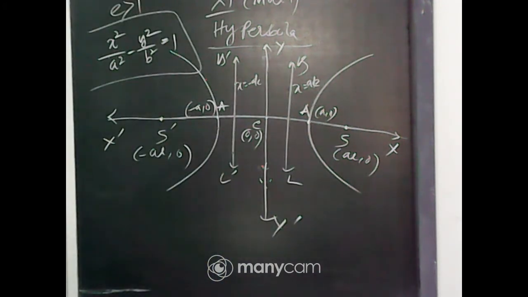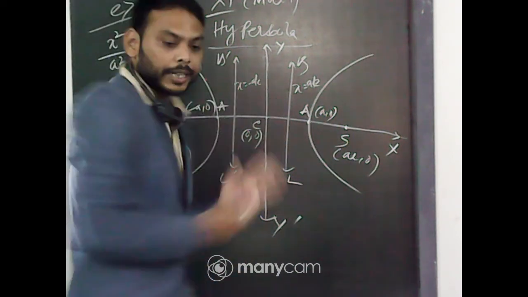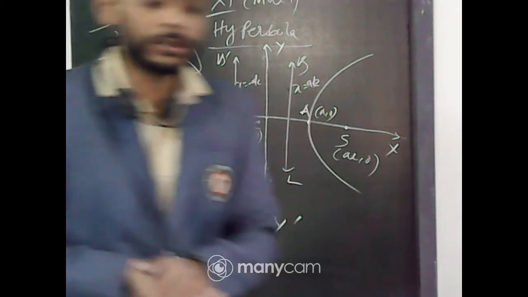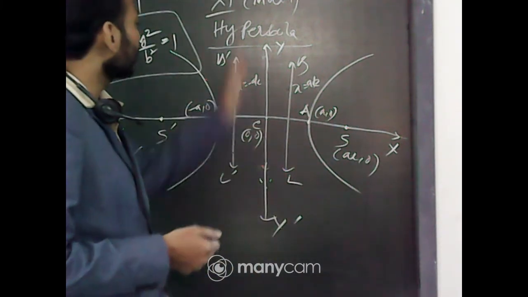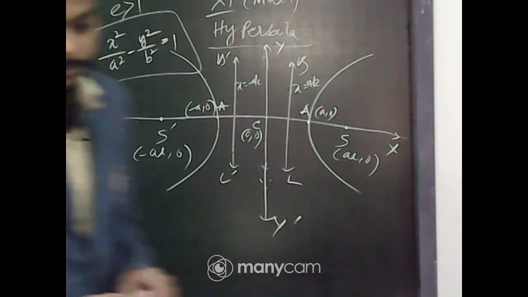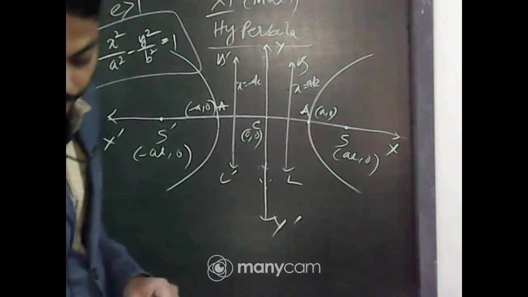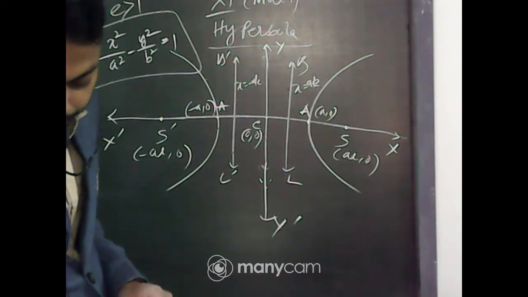The directrices are parallel to the y axis, so you know that the equation parallel to the y axis is x equals constant.